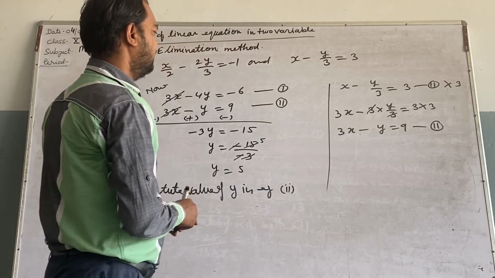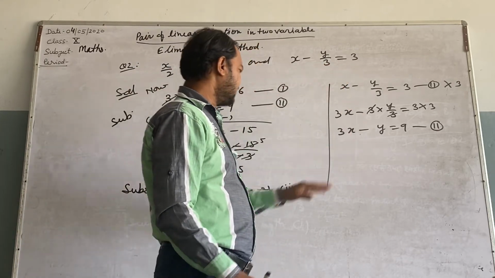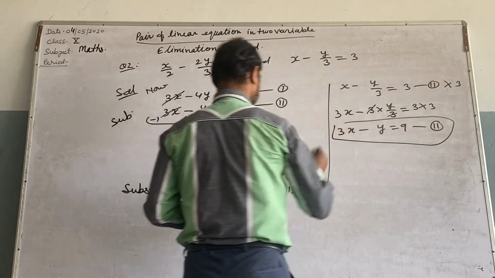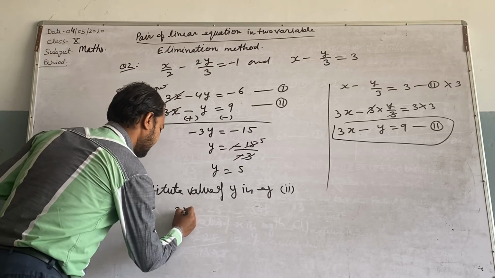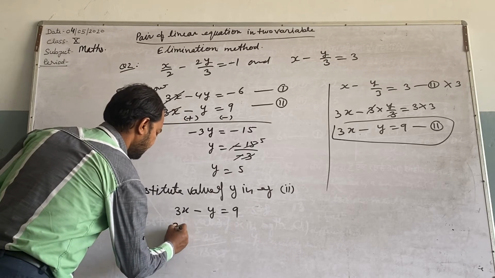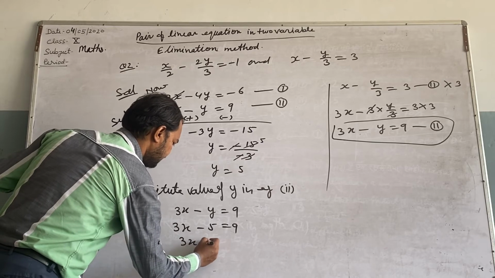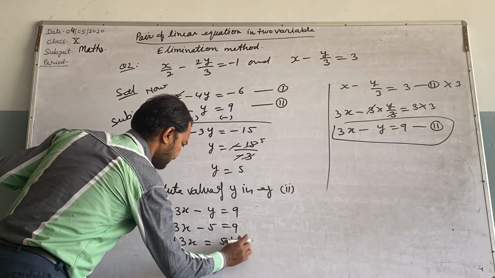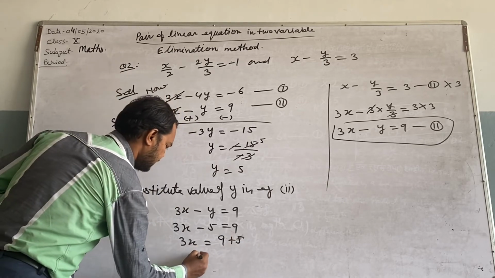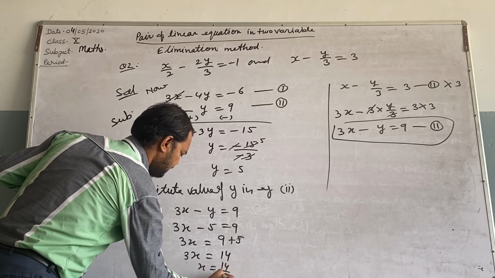Any one of the equations we can use. So in this case we should use this, the simplest equation. This is 3x minus y equal to 9. We put y as 5: 3x minus 5 equal to 9, and 3x equal to 9 plus 5. Now 3x equal to 14, x equal to 14 upon 3.